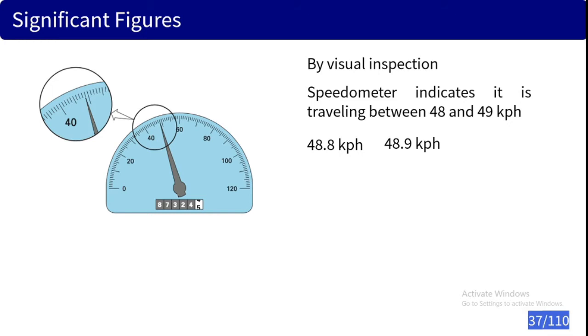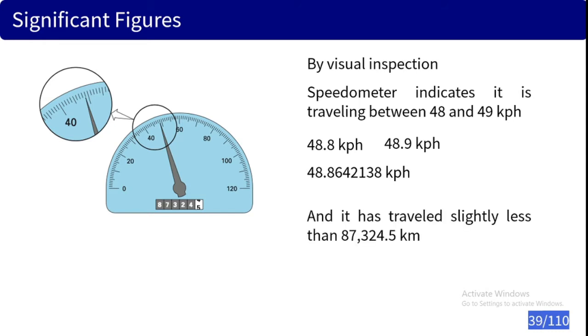One may say that the speed of the car is 48.8, while others may say 48.9 kilometers per hour. Okay? I guess no one can say by visual inspection that the speed of the car is 48.8642138 kilometers per hour, which is impossible by visual inspection.